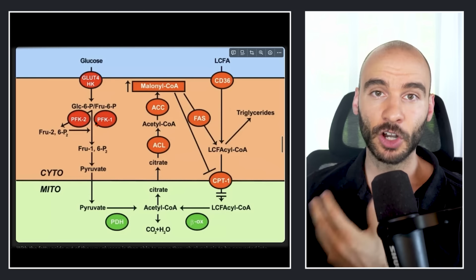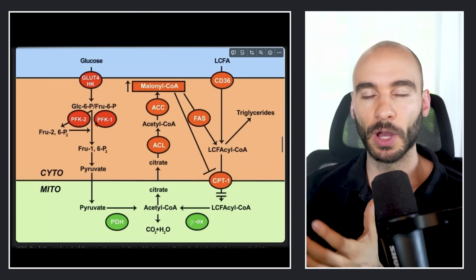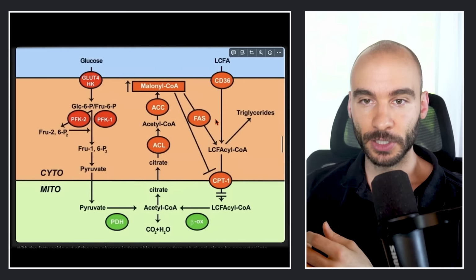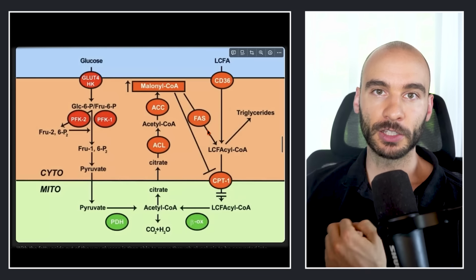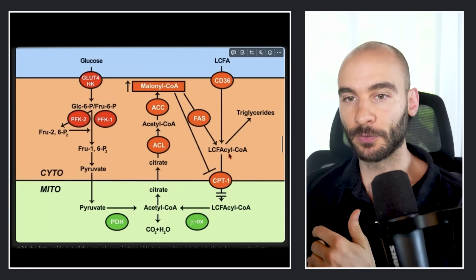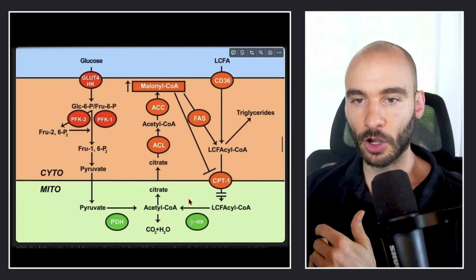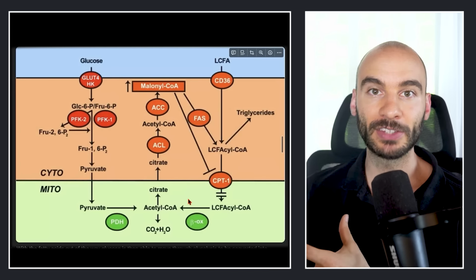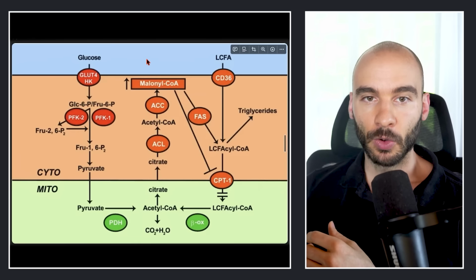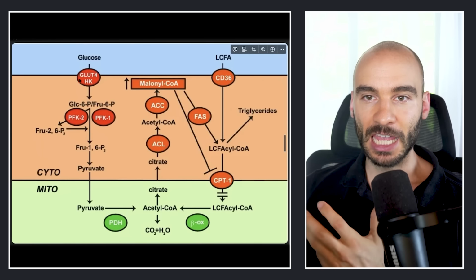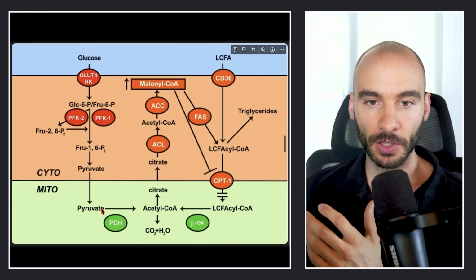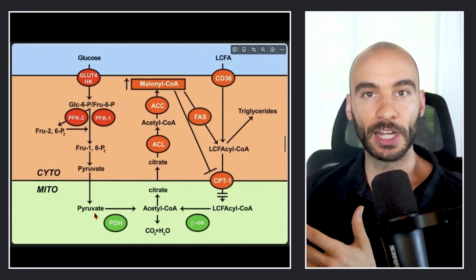Now, when the fats aren't being oxidized, the next question is, well, what happens to them? Where do they go? Basically, you can see here, the fats get converted to triglycerides. So the fats start to become esterified, they get converted to triglycerides, and they aren't brought into the mitochondria anymore. They basically go towards storage. Now, when the fatty acids are out of the way with the insulin, the glucose is then able to move through glycolysis, come down here, and create pyruvate.